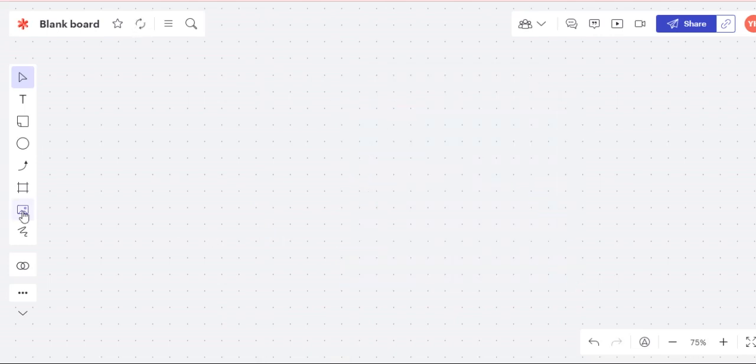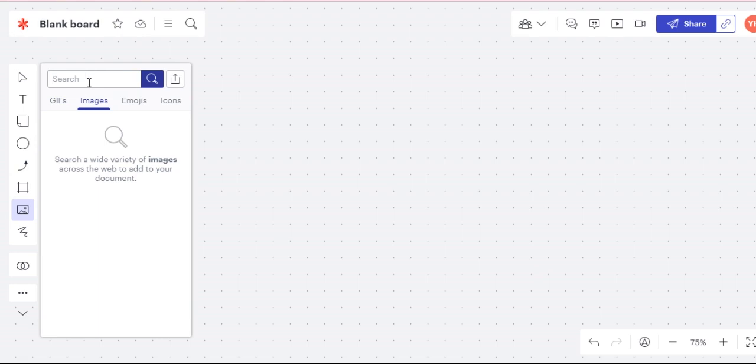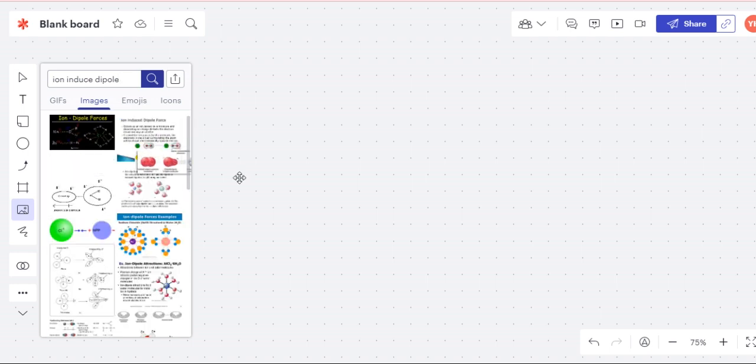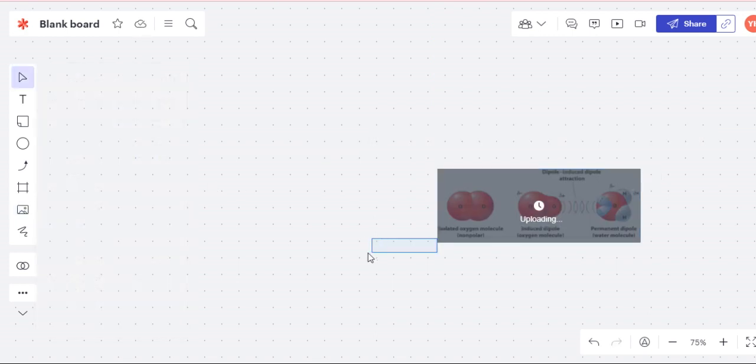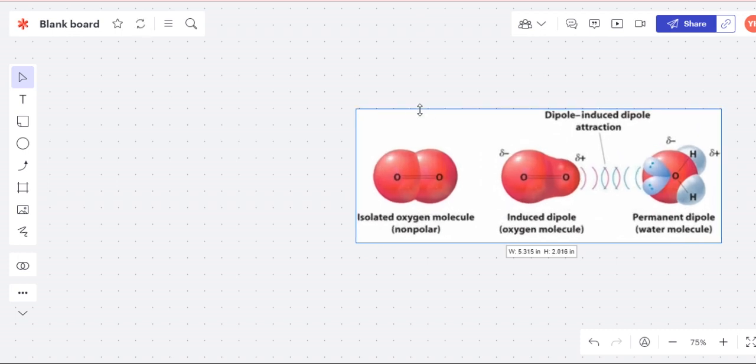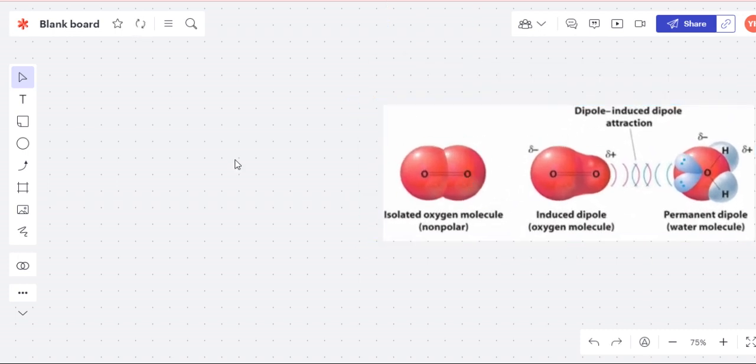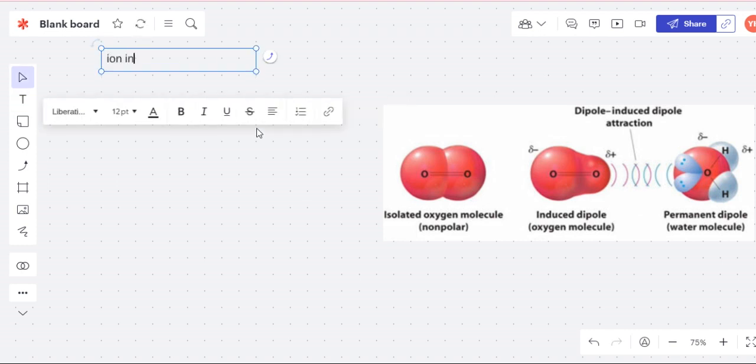Now the next one is ion-induced dipole. Let's decode it.